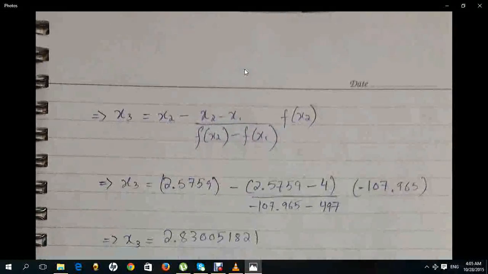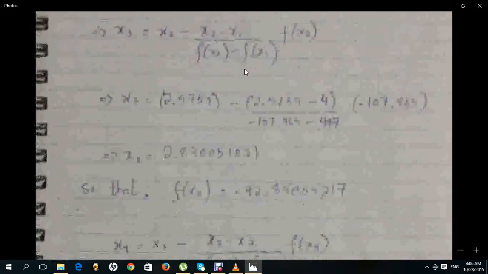As you can see, the formula is the same, but we have just changed the variables. Now it is x2 minus x1, where x2 is the root we just found out and f(x2) is its function. Now again we go through the same procedure, just plug and play.